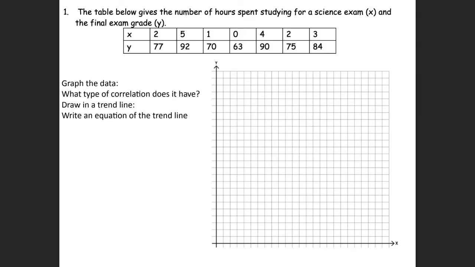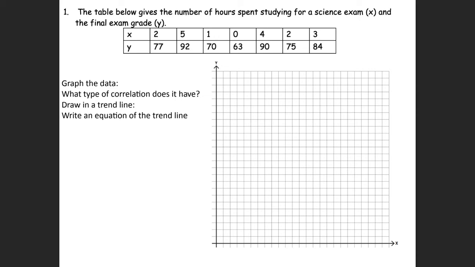And here in this problem, let's say that this was my exam, okay? And this is the data that I came up with. Here's what you have to do. The table gives the number of hours spent studying for a science exam and the final exam grade, and that's your y value. And I will be looking for this on your project. You have to label your axis, okay?